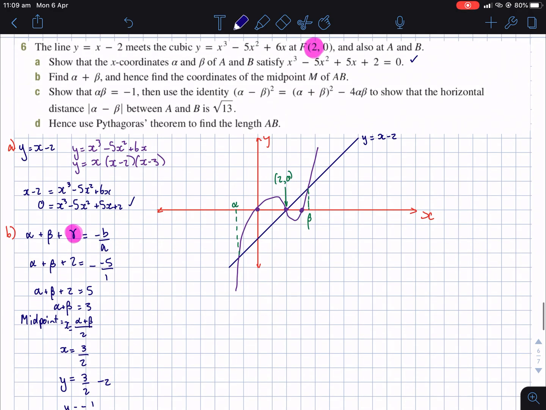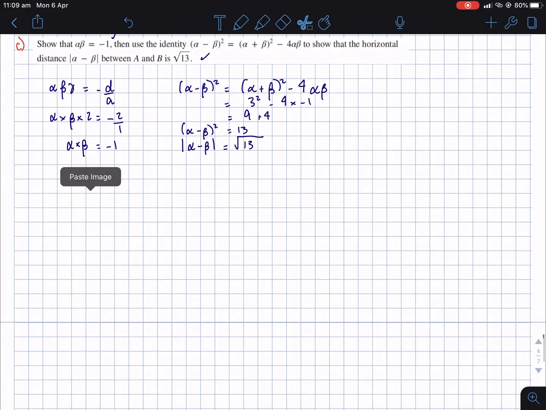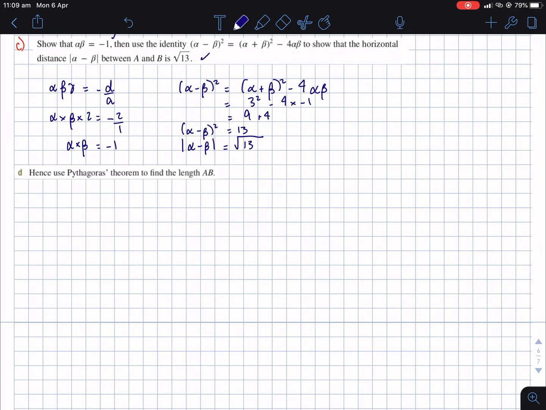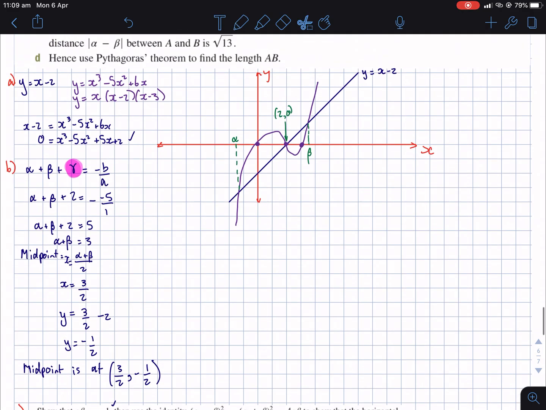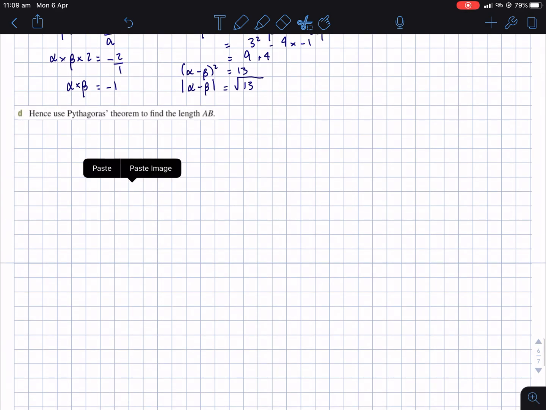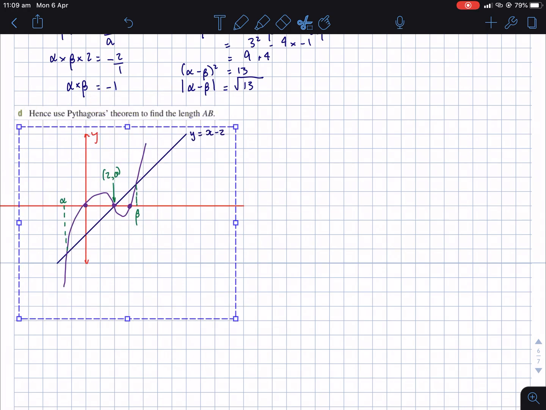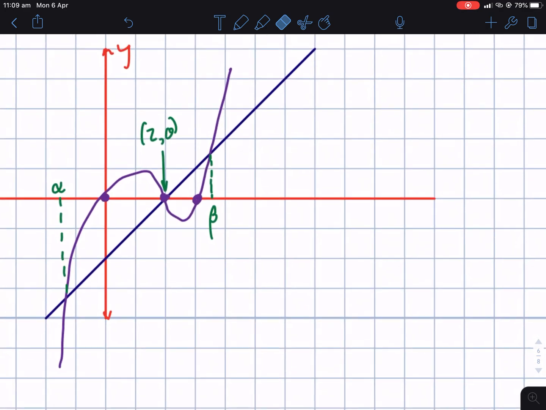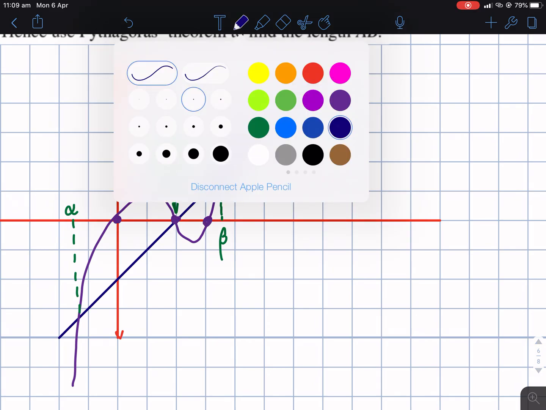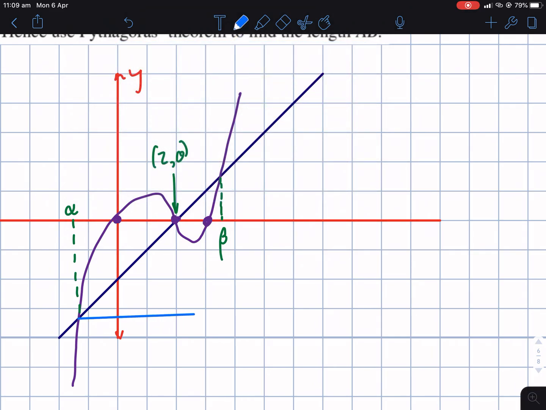Finally, question D, hence use Pythagoras' theorem to find the length AB. Now, I'm going to copy and paste this. You don't need to have this. Now, what we've found is we've found this length between these 2 points.